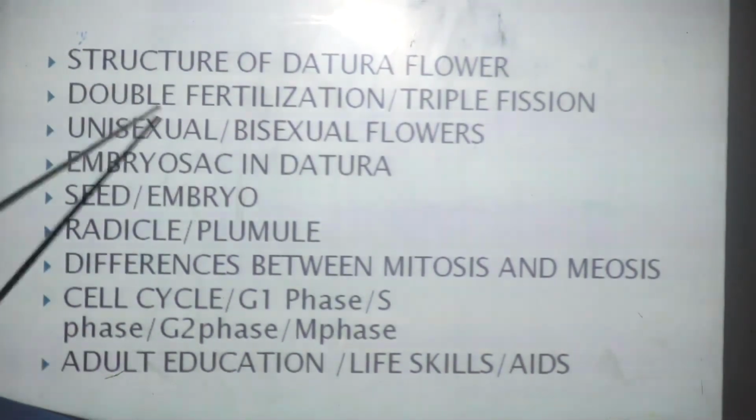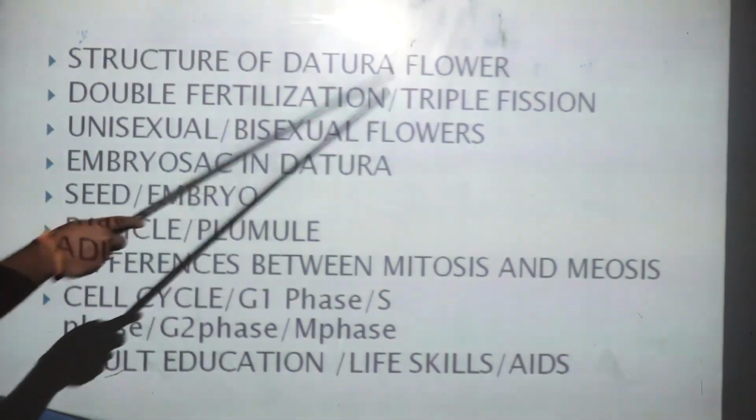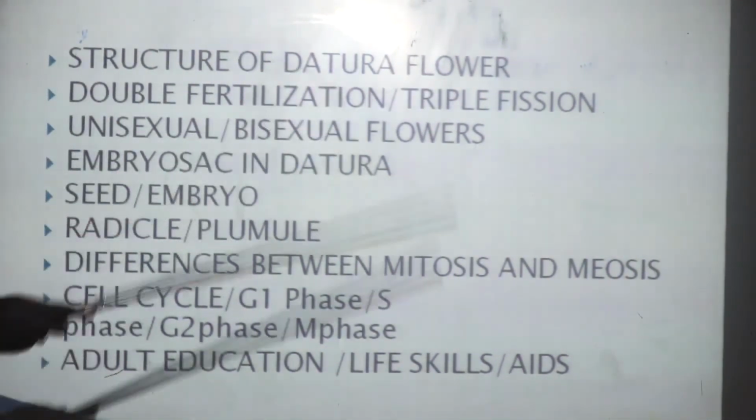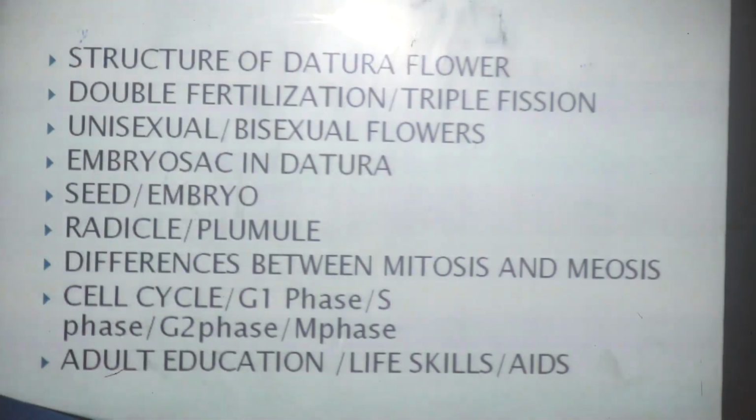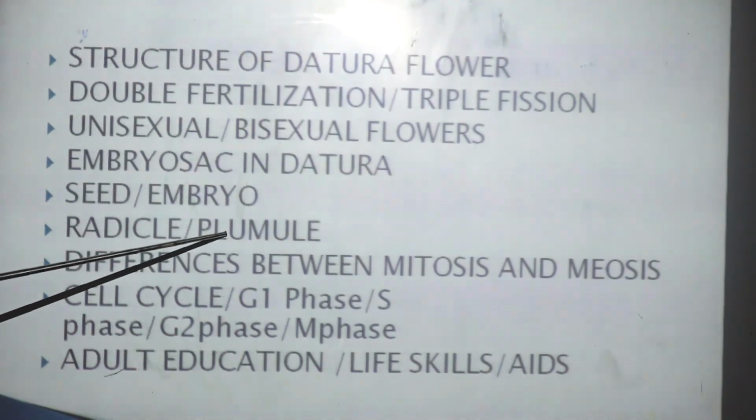I already told you double fertilization and triple fusion and structure of the datura, then unisexual flowers and bisexual flowers and embryo sac in the datura. That means the 7-cell structure under the 8-nucleate structure; under seed, below you have radicle and plumule. What type of part developed from radicle, what type of part developed from plumule is very important.